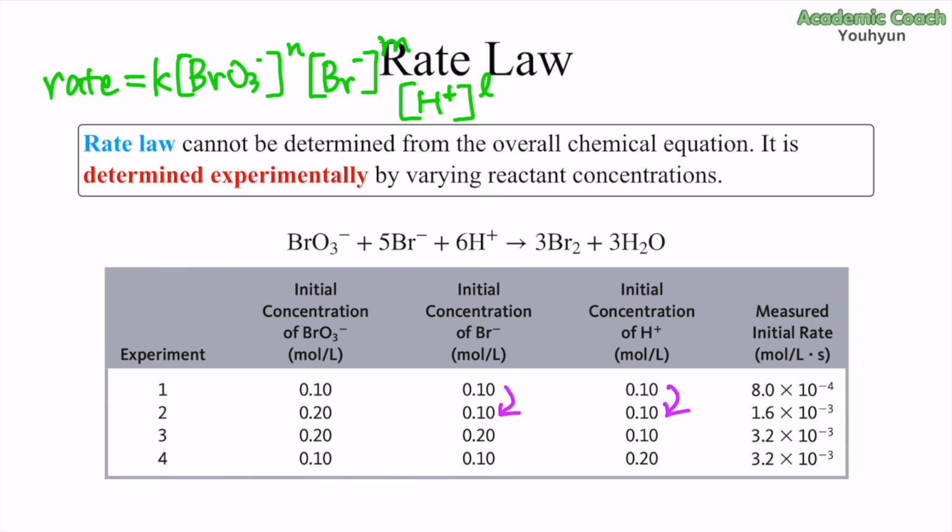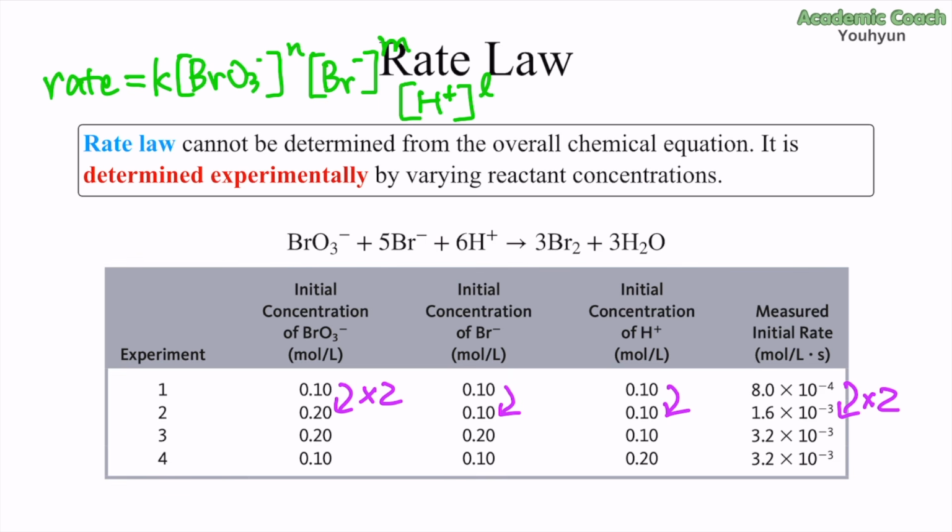Bromide concentration remains the same, proton concentration remains the same, while the concentration for bromate doubles. And the initial rate from experiment 1 to 2 also doubled, from 8 times 10 to the negative 4 to 1.6 times 10 to the negative 3.